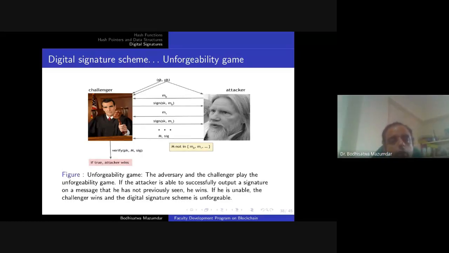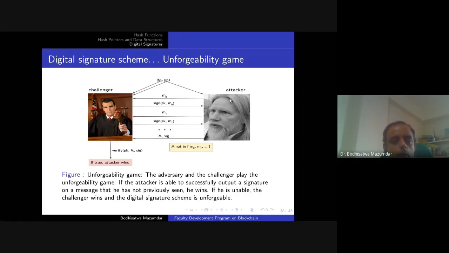So what this represents is that, suppose the challenger is the one who signs the document. That means he is in possession of the secret key and the public key, and this public key is known to everybody. Challenger means the owner, and this public key is available to the attacker as well.